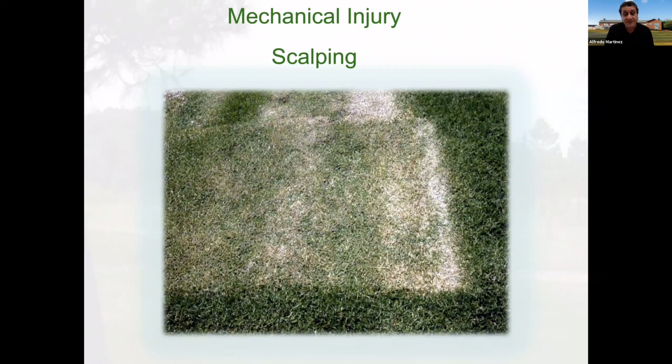So long story short, I had to seed the bentgrass green again. One of those things that, if you're working on a golf course, you know what I mean when that happens.